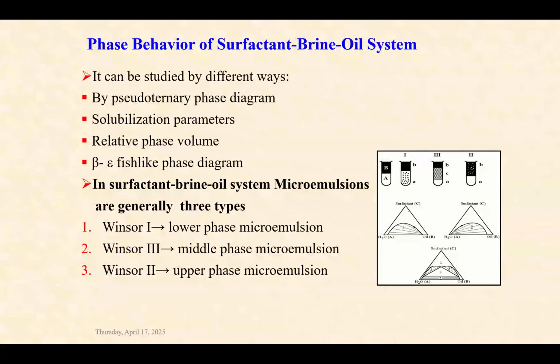Now, how are these emulsions formed? These emulsions are basically a mixture of 2 immiscible liquids where one phase is dispersed into the other phase. So for this particular field, the different components of the emulsions are the surfactant.